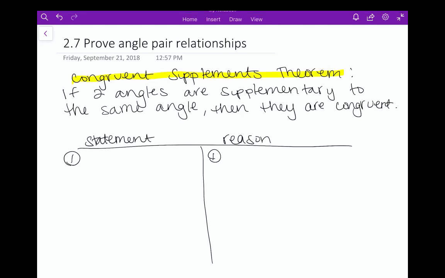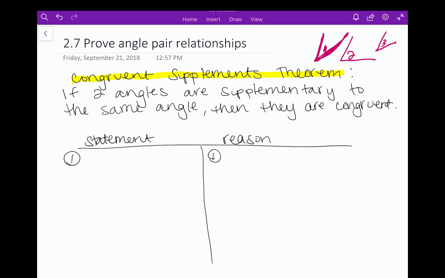So what this is saying is if I have angle 1 and then I have angle 2 and then I have angle 3. What we're saying is what's given is that we have two angles supplementary to the same angle.